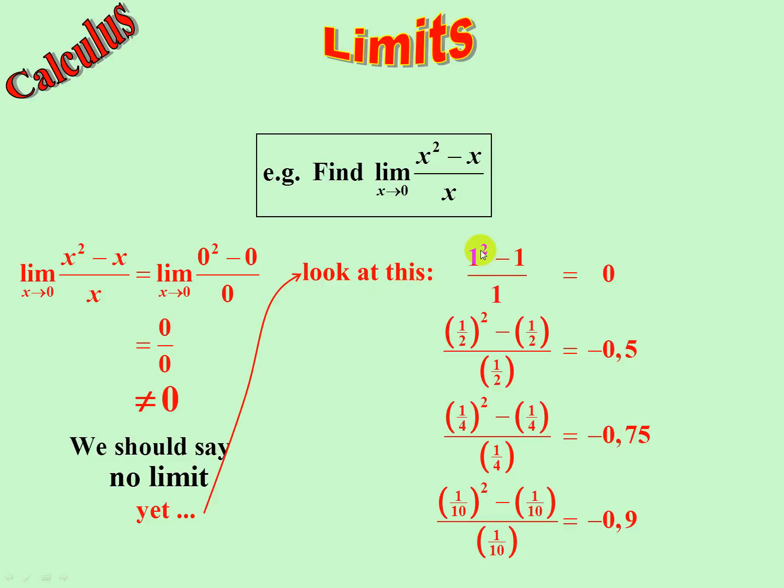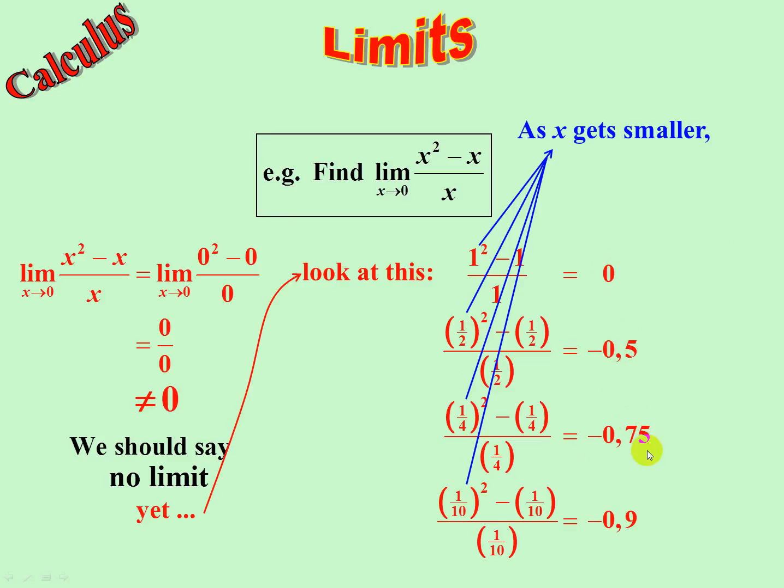Because have a look at this. I'm going to substitute. X is tending to naught, so I'm substituting 1/2, quarter, 1/10 to see what's happening. As x gets smaller, look at the pattern. Naught, negative 0,5, negative 0,75, negative 0,9.